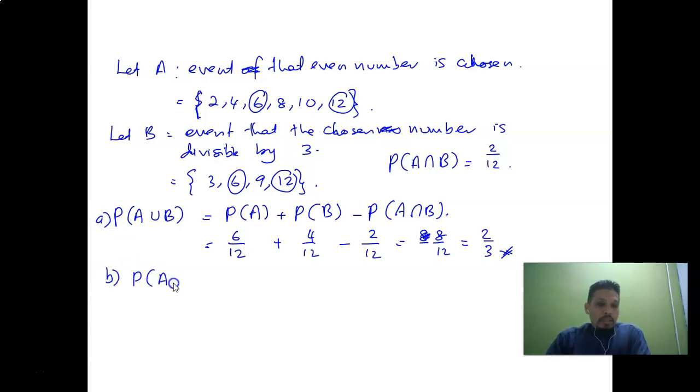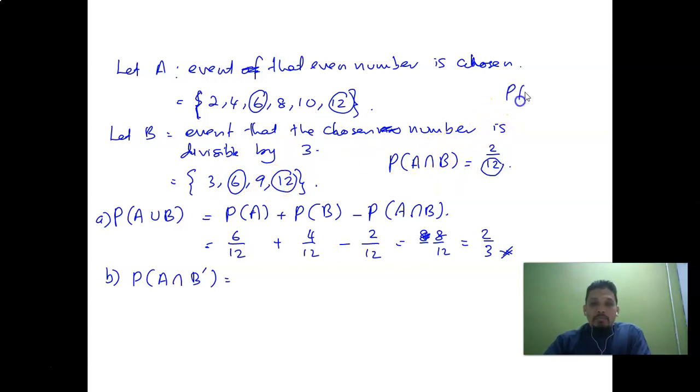Then next, the probability of A intersect with B complement. Let B be the event that the number chosen is divisible by 3. So B complement is the rest of it, when the total numbers here is 12 minus 4, which is equal to 6.